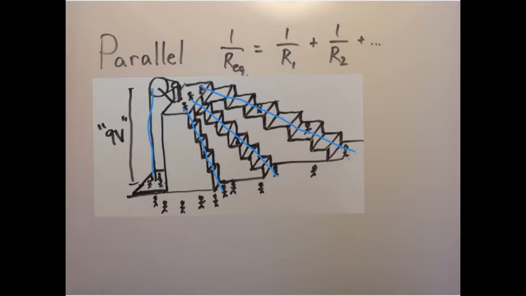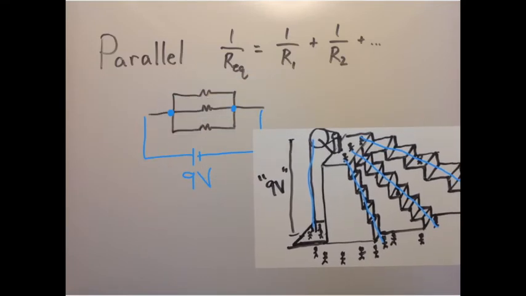I'm not going to worry about, in terms of the analogy, which one is a large or small resistance. The point is, there's 3 different paths, but notice, since they're all going back to the ground, they're all the same height. So even though they have different, quote, resistances, if it's the same elevation back to the ground, then it's 9 volts no matter which way you go.